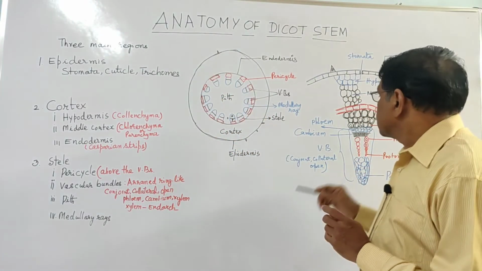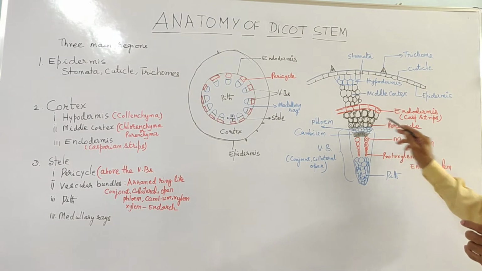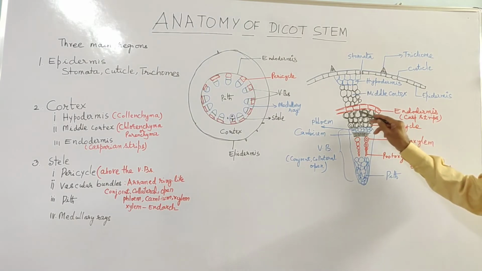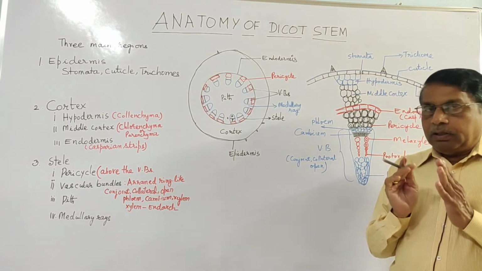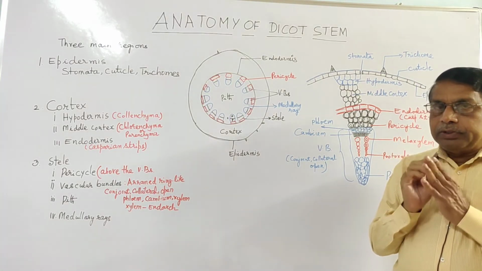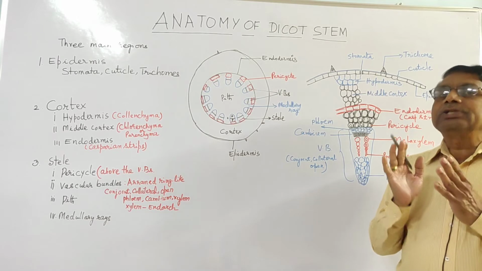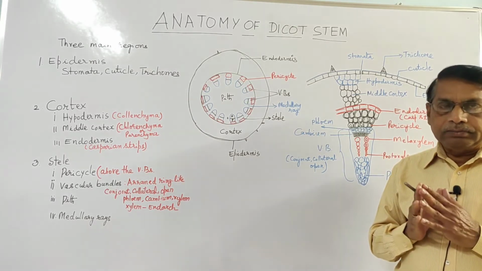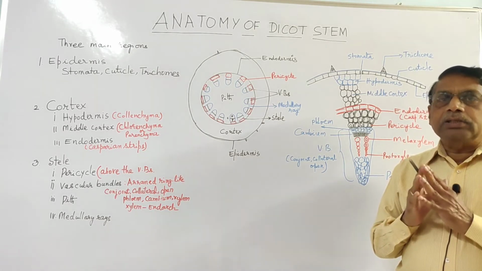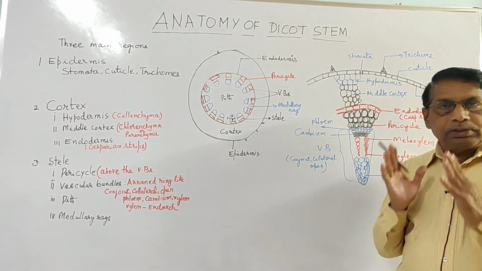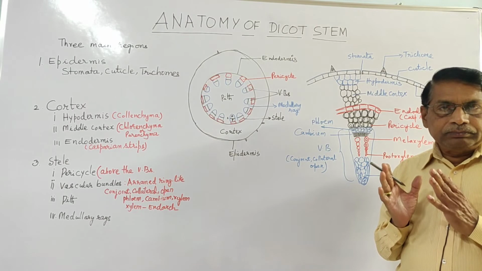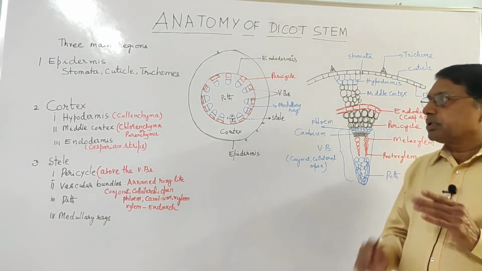This is endodermis, this is pericycle. Remember one point: endodermis is part of cortex, whereas pericycle is part of stele.